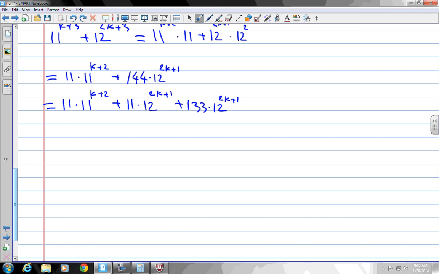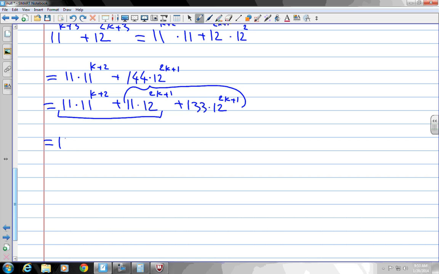Do you agree that that's the same as the original statement? That these two add up to 144?